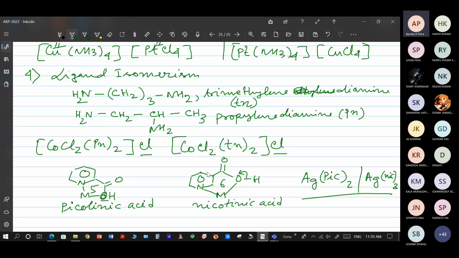So this is picolinic acid, where it is alpha carbon substitution, and this is the meta one, the beta carbon. If substituted by a carboxylic acid group, it will generate nicotinic acid, and these two acids are going to form the same kind of complex with the silver plus ion.